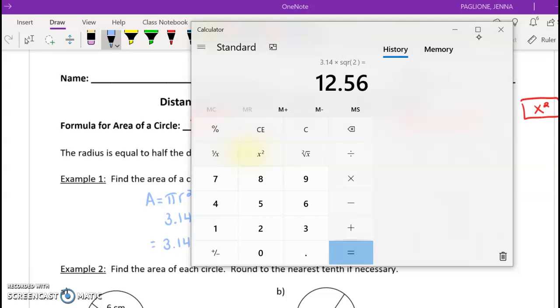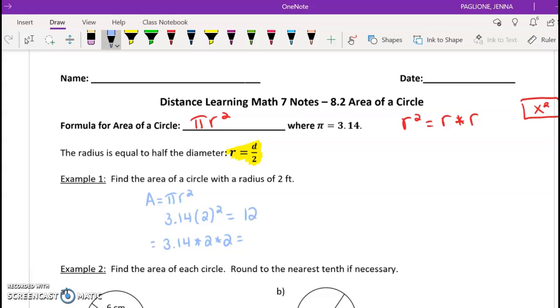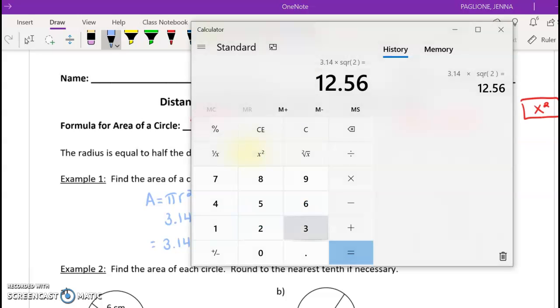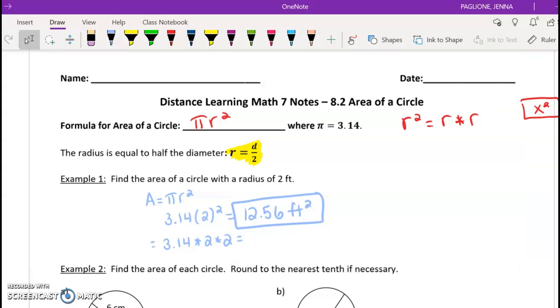And then hit the equal sign, and it gives me 12.56. So 12.56 feet squared. They didn't tell me how to round, so I'm just going to leave it as 12.56. But like I said, you could do the same thing. You could do 3.14 times 2 times 2. You could just double the 2 instead of squaring it, and you'll get the same answer.